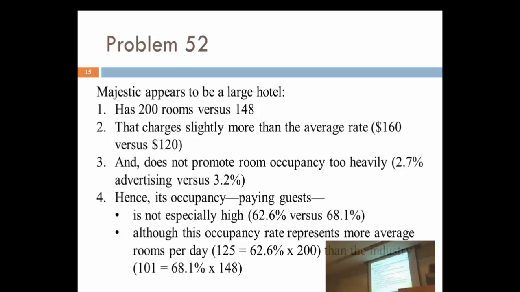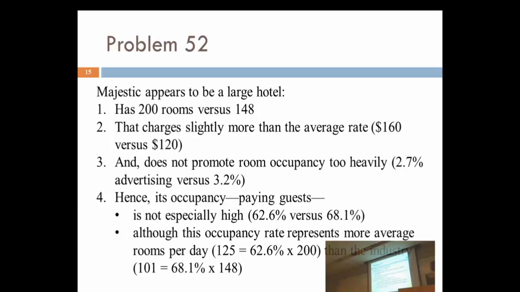We don't know. They don't seem to promote room occupancy too heavily, 2.7 versus 3.2. So now this could be that they have their own management company, so they're not spending as much money on outside advertising. So you need to know what's in that advertising number.